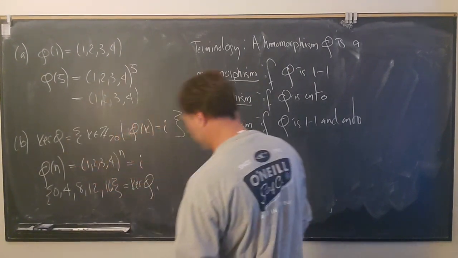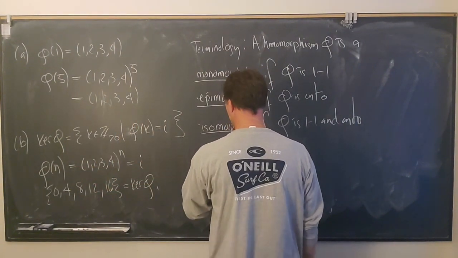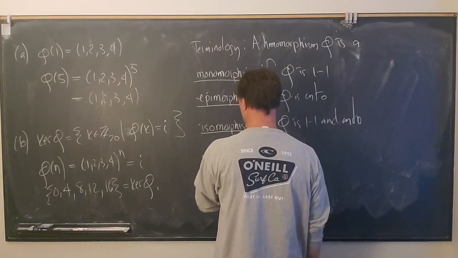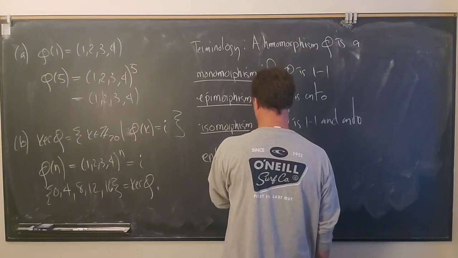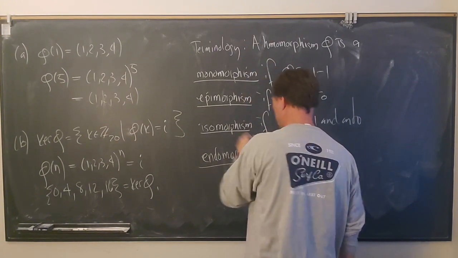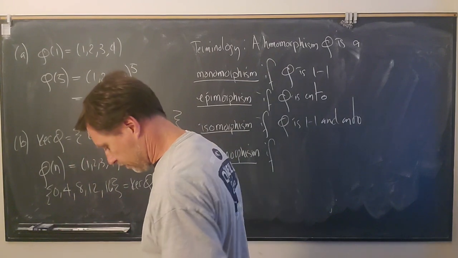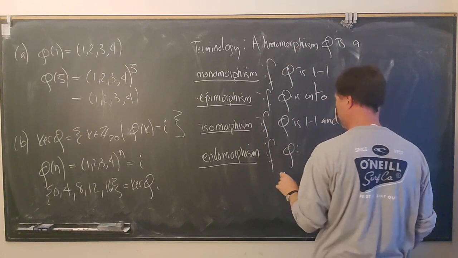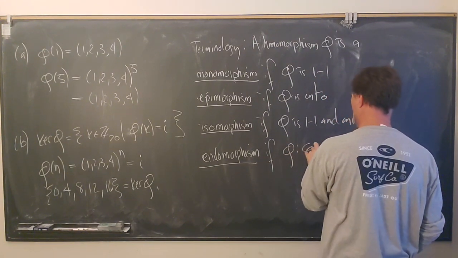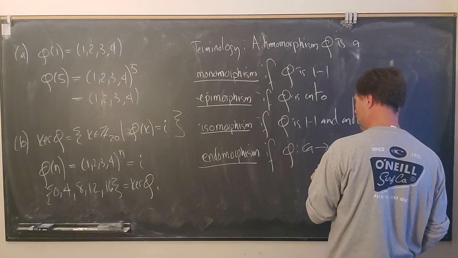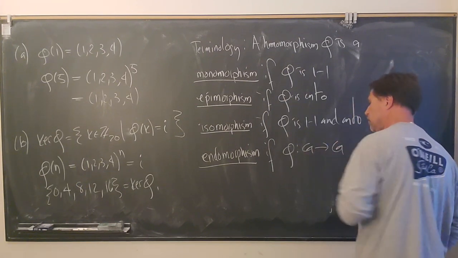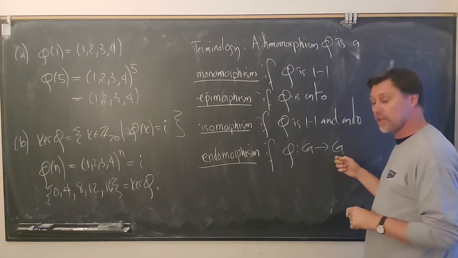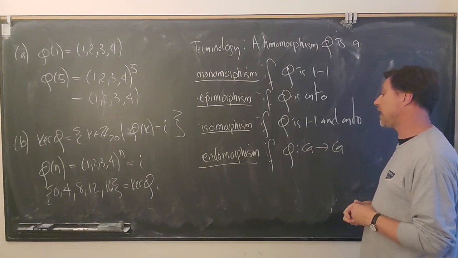And then there's a couple more. It's an endomorphism if phi maps from G to G. So in the case that we have a homomorphism whose domain is equal to the codomain, then we call that homomorphism an endomorphism.